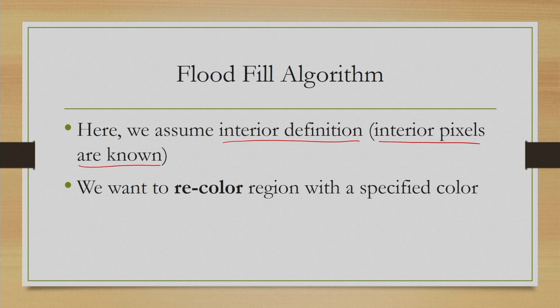Earlier we assumed a boundary definition with only one interior pixel, that is the seed pixel. Now, here we are assuming interior definition, that means all the interior pixels are known, and our objective is to color or recolor the region with a specified color.